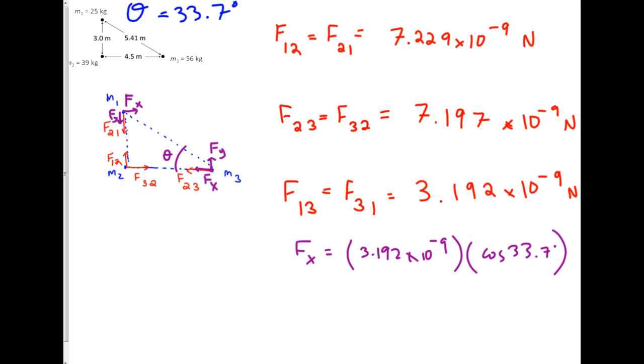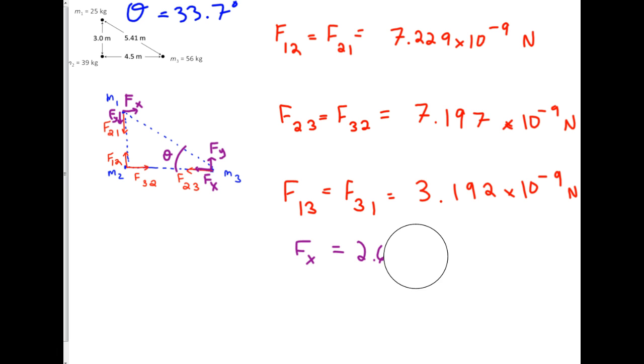So when I plug that in my calculator, I get that Fx is equal to 2.656 newtons. Of course, though, we have times 10 to the negative 9, like that.